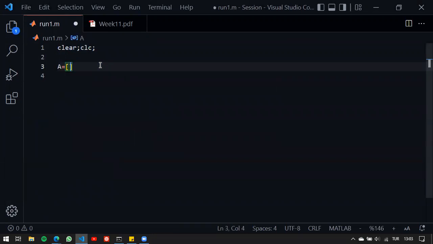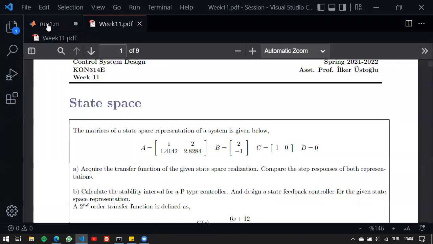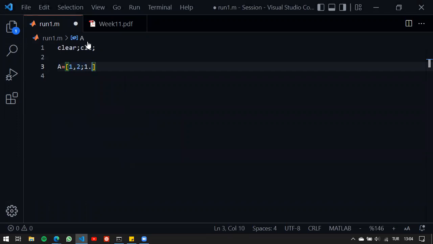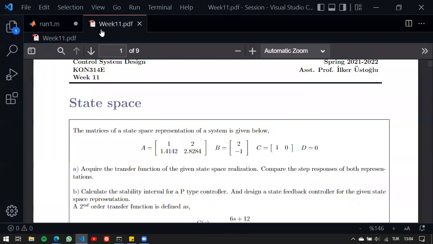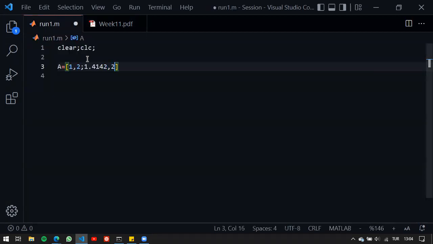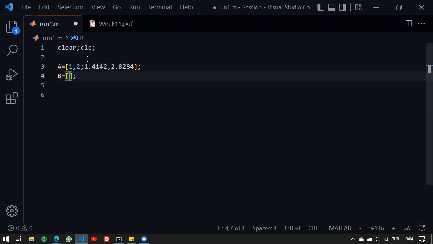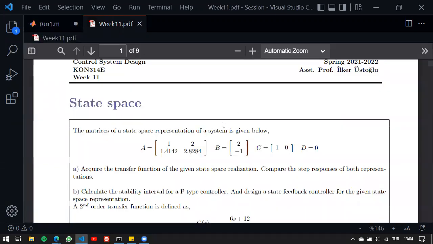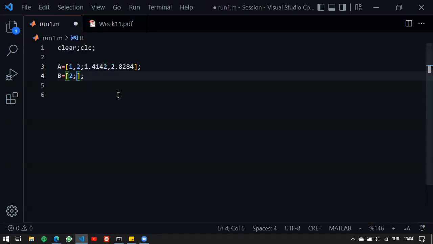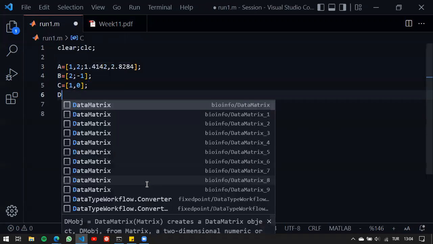Let's define A. That's 1 and 2, 1.4142, 1.4142 and 1.4142 values, then we have B, 2 and minus 1, and then C, 1 and 0, and D is 0.